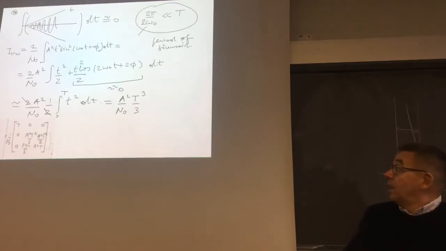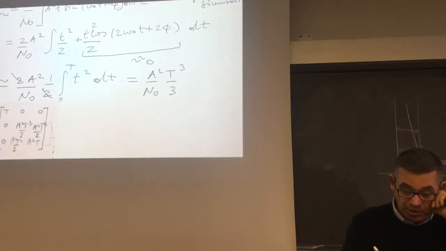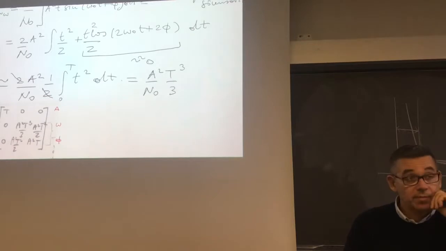So by repeating many times, what I got is the matrix here. Remember the ordering: here I have the amplitude, here I have the omega, and here I have the phase, phi.